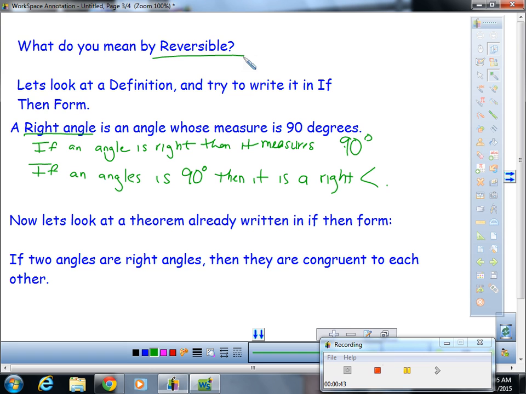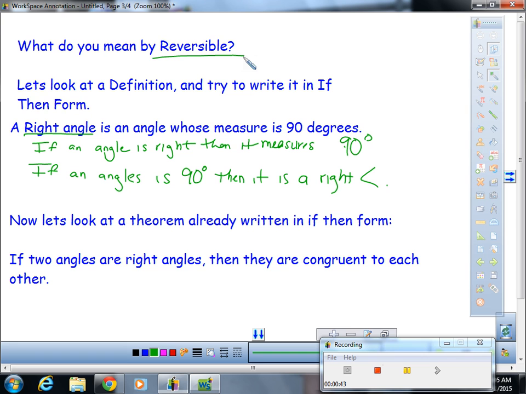Now let's look at a theorem that we've already learned, the right angle congruence theorem. If two angles are right angles, then they are congruent to each other. You should know or remember that that is a true statement. It's a theorem we already proved. Now let's think about it written in the reverse order.